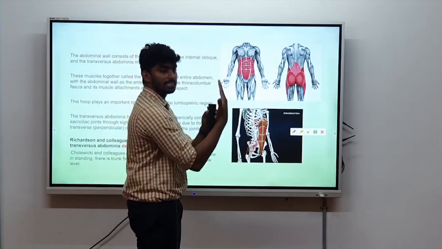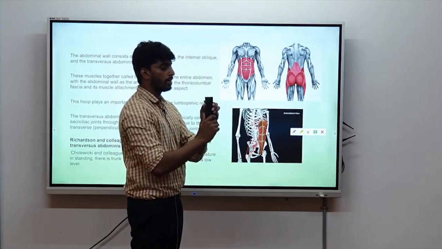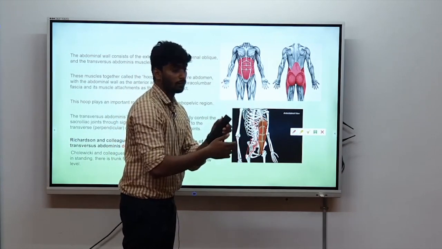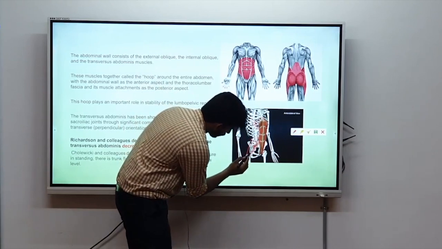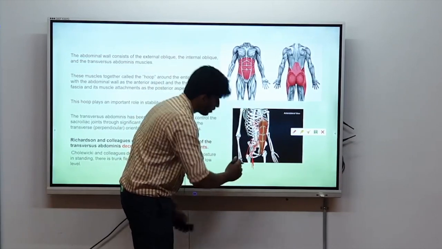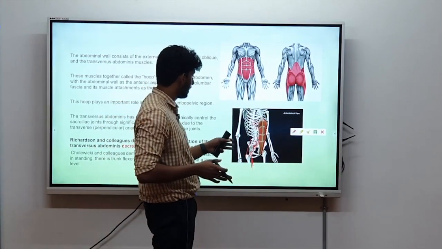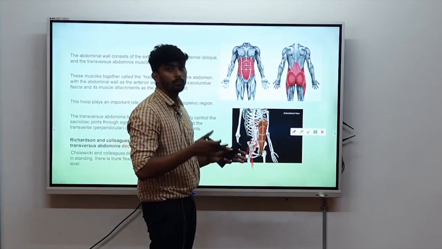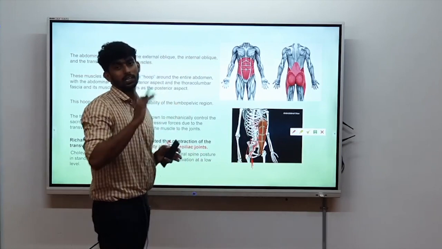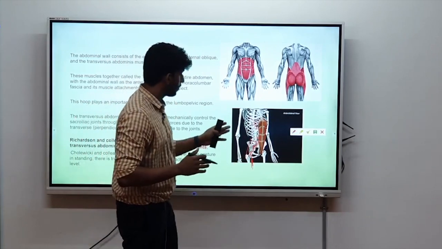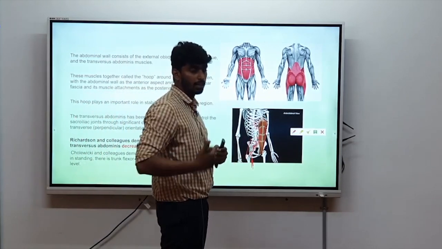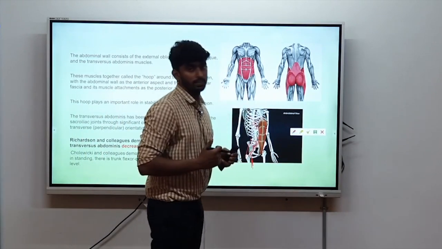If the anterior structures are getting weaker, the hip will go further in front because of the activation of the hip flexor. In order to compensate this posture or alignment, the vertebral column will go for a more lordotic curve. Otherwise, the vertebral column would have to come in front.